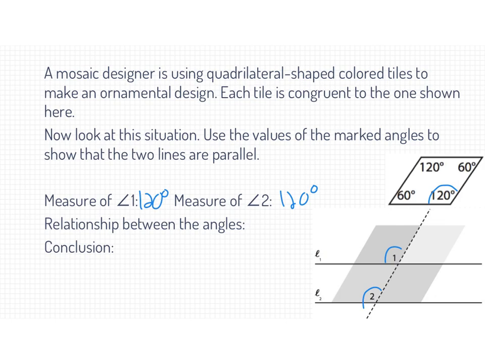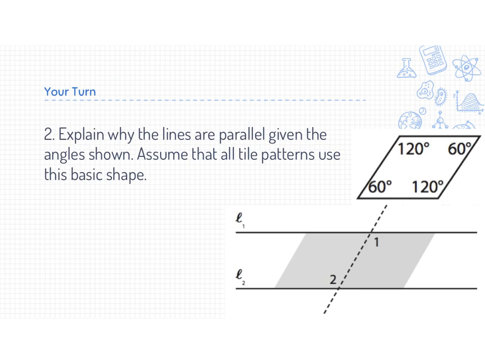So the relationship between those two would be corresponding angles, which then tells us that L1 is parallel to L2. All right, your turn. Go ahead and try this one out, and we'll discuss it in class.